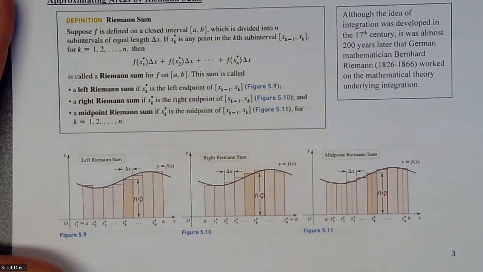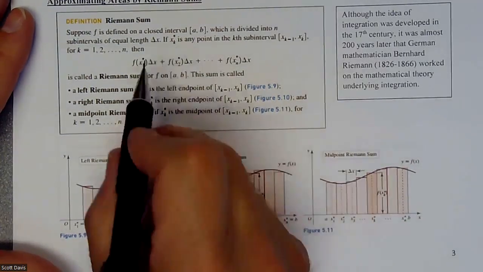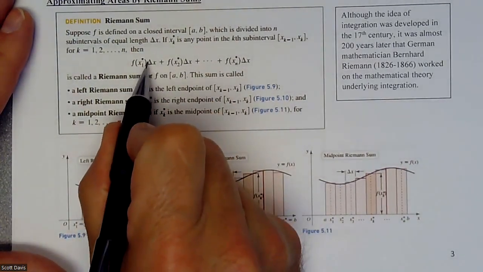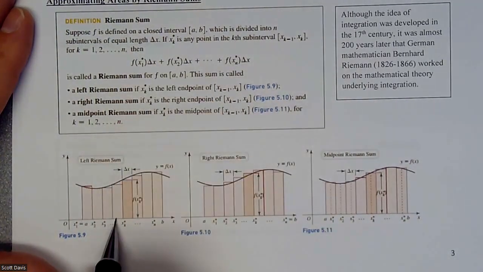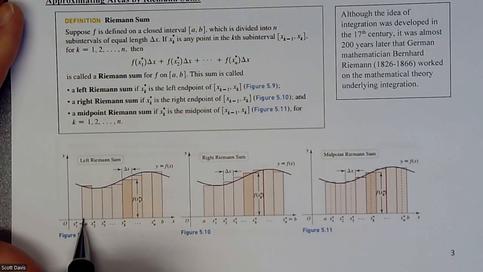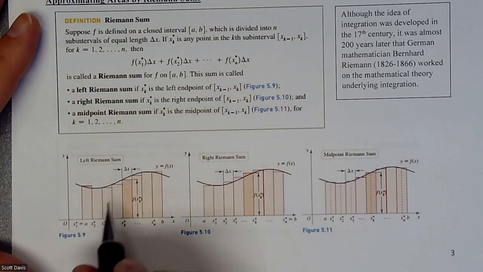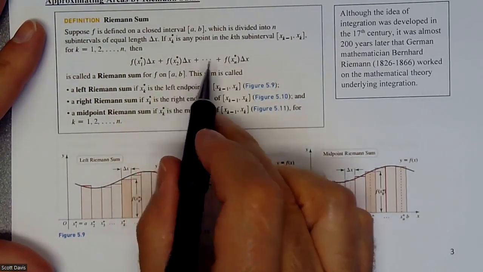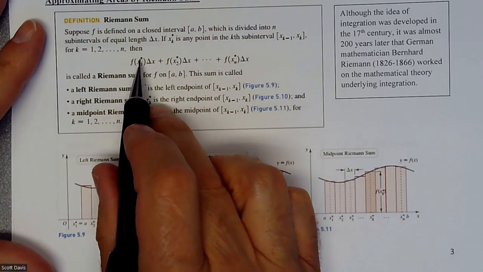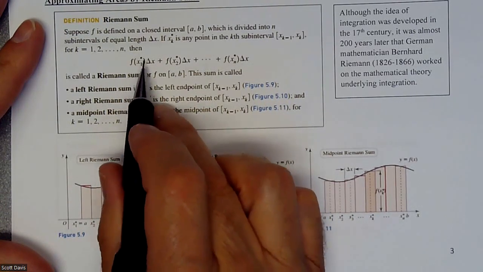So that's the idea. And we have this formula, and this change in x ends up being the widths, right? So if you're going from 0 to 8 and you want 8 individual rectangles, then the width is 1. So this would be 1 on each of these things. And then these are you plugging in a particular x value to find the heights.